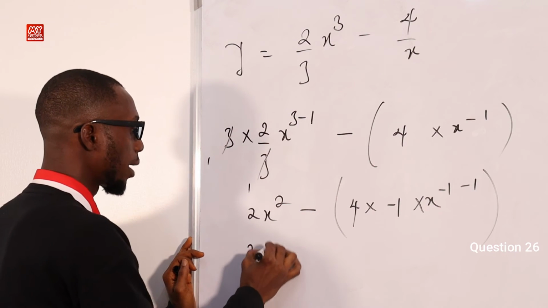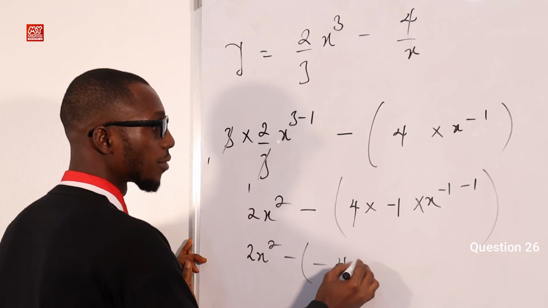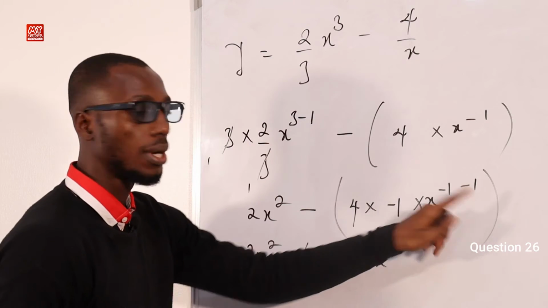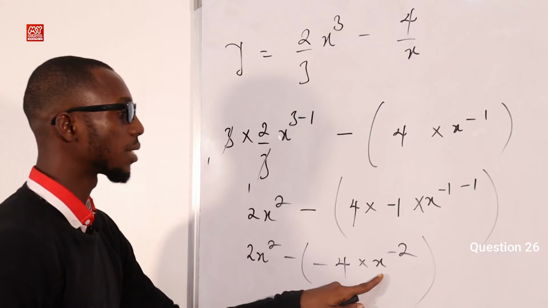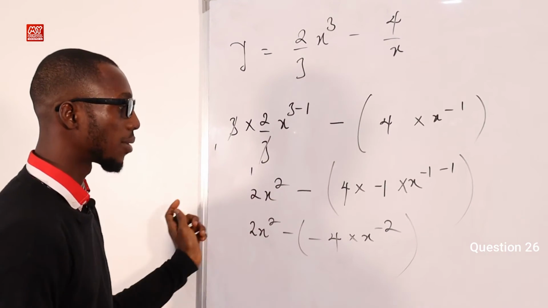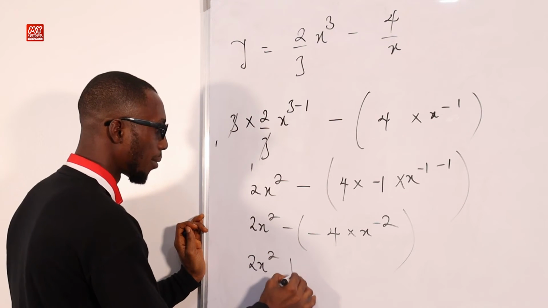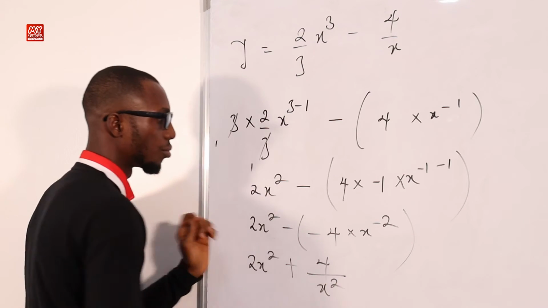So we have 2x squared minus into bracket 4 times minus 1. We have minus 4 times x raised to power minus 1 minus 1, that is minus 2. So that is minus 4 times x raised to power minus 2. Minus times minus, that is plus. So we have 2x squared plus 4 over x raised to power 2.